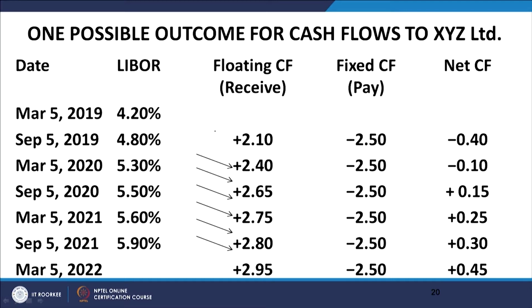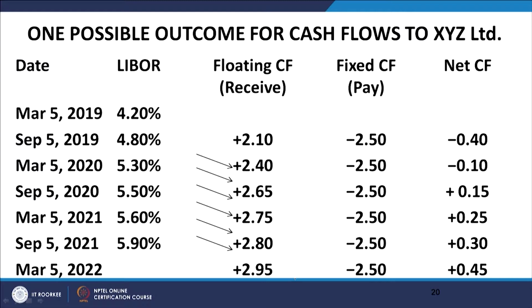Now, the 4.20% which was fixed on March 5, the date of initiation of the swap, operates for the first 6 months. But for the next 6 months, because the LIBOR changes, the interest rate on the floating leg is also changed.